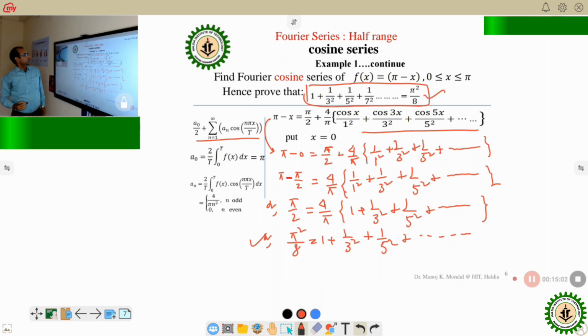So this is the one example for the half-line Fourier cosine series.